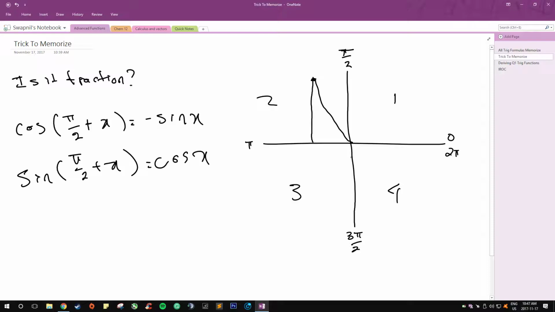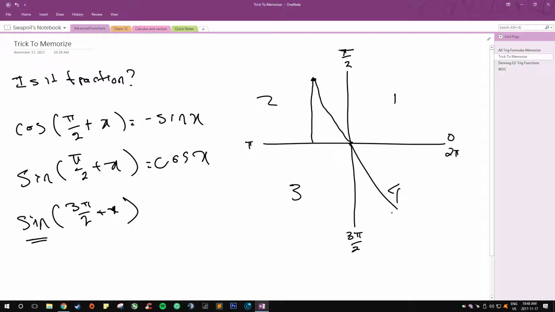So let's see. Actually, let's do 3 pi over 2 plus x. I'll show you the trick when there is no fraction later. Sine of 3 pi over 2 plus x, I said. Okay, so you just see sine, right? What is sine?